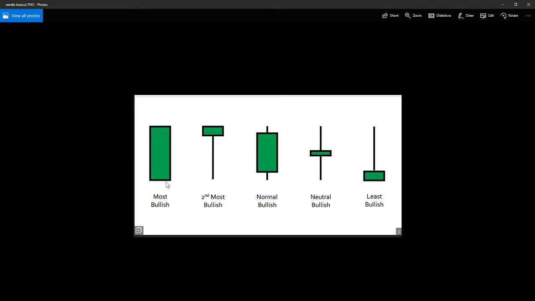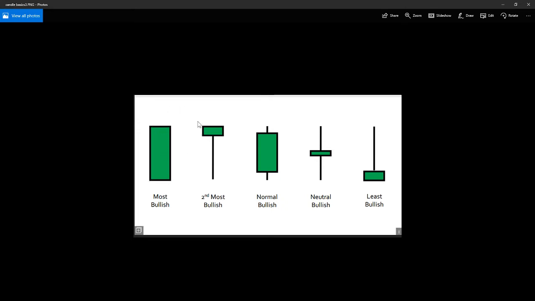Because you have an open price and a close price, which means when this opened, it ramped up for that entire time period, whether you're using the 1 minute, 2 minute, 3 minute, 5 minute, 10 minute, 15 minute, daily chart, weekly, whatever, it doesn't matter. It all remains the same. So your most bullish, it opens and then just drives up and closes strong.